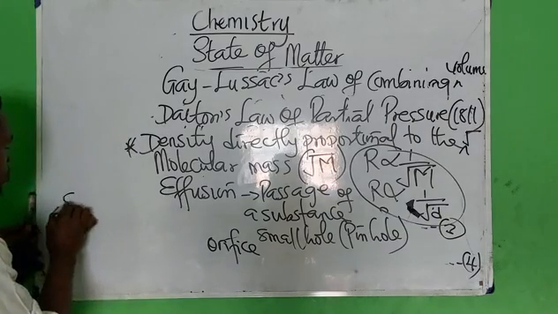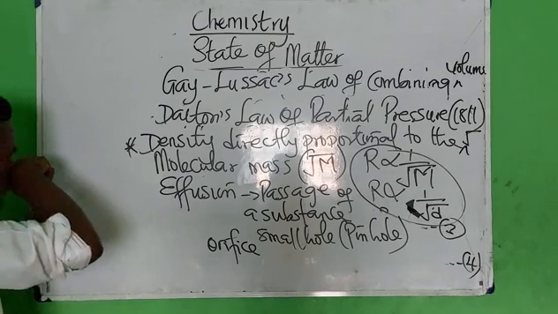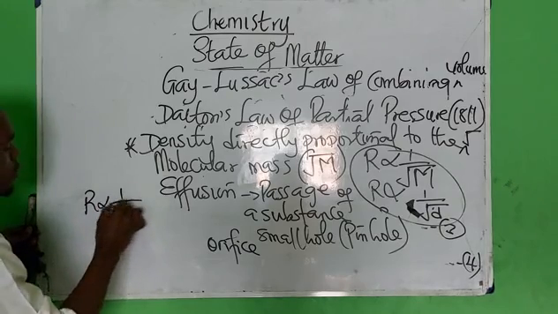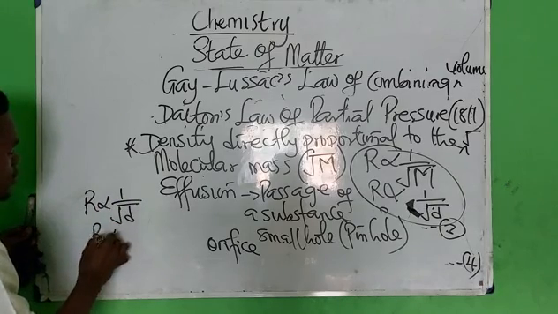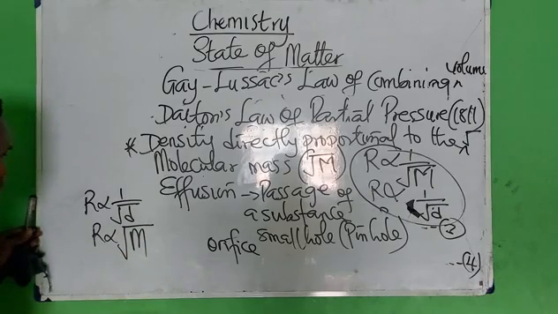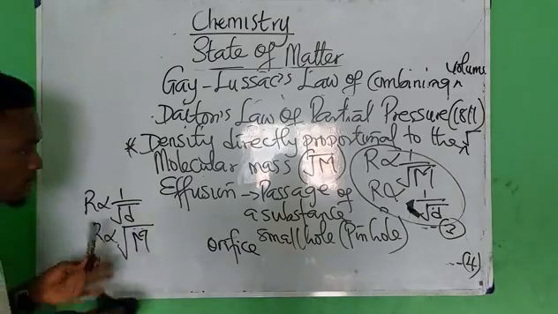Effusion means the passage of a substance through a small hole called a pinhole. Which means that effusion is expressed as the rate is 1 over the square root of density, then the square root of molecular mass.